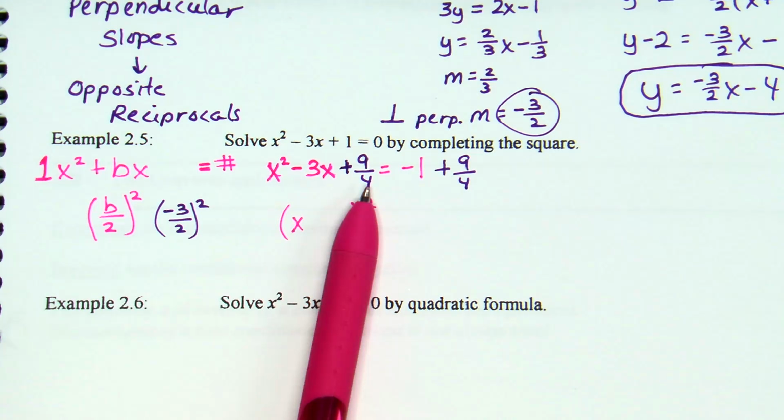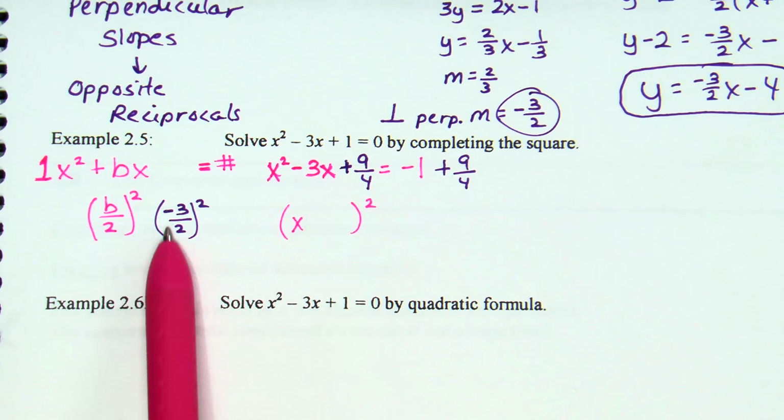You can look at it as the square root of 9/4, or what did we square to get 9/4, which was 3/2. Specifically, it was a negative 3/2, and we know that because it's a negative 3x here. So that factors into x minus 3/2 squared.